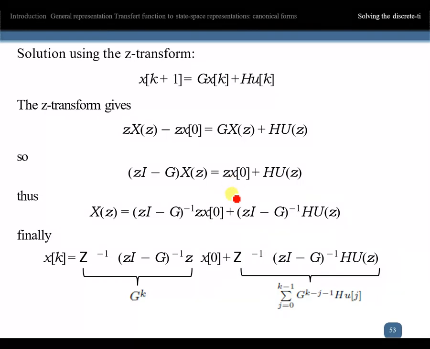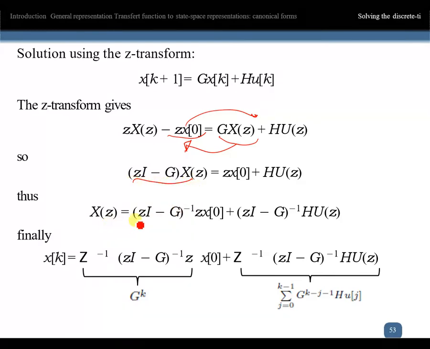Solving by the z-transform, the z-transform of x(k+1) becomes zX(z) minus zx0. Here it becomes GX(z) plus HU(z). Shift the x0 term to the right side, and factor out X(z).